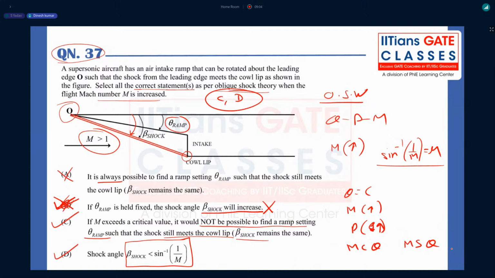See, the argument is someone said beta greater than Mach wave angle, given was less. See, part D says the Mach wave angle is always bigger than the beta. That is the meaning of D.